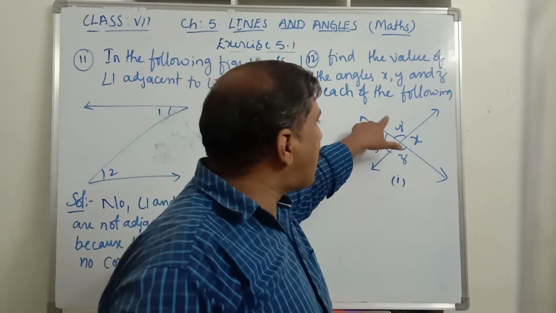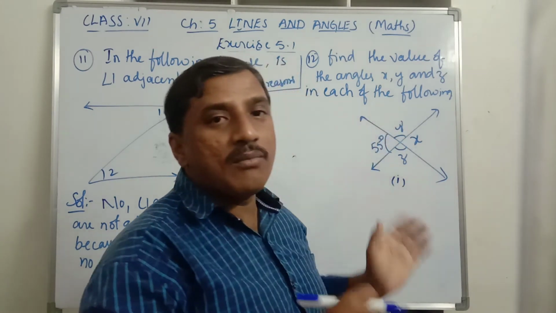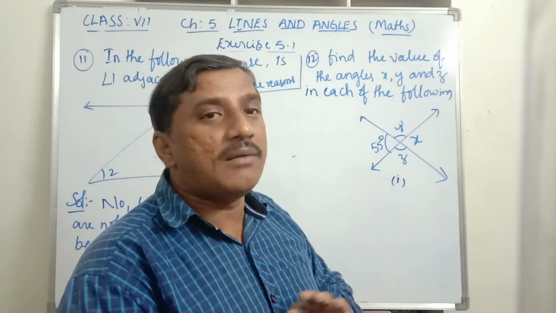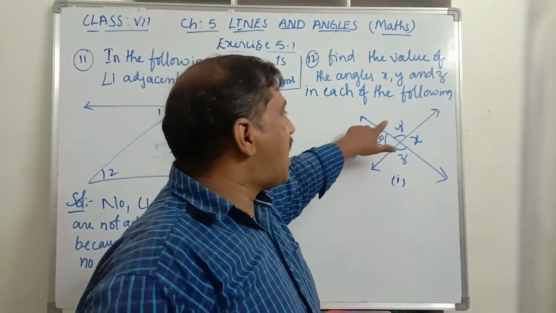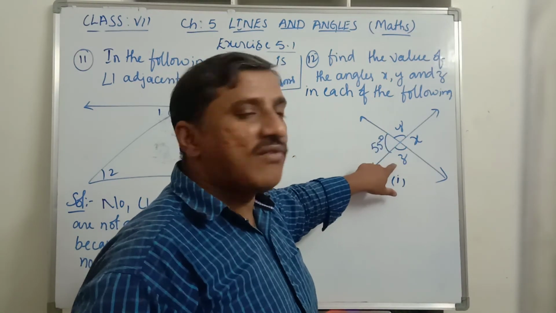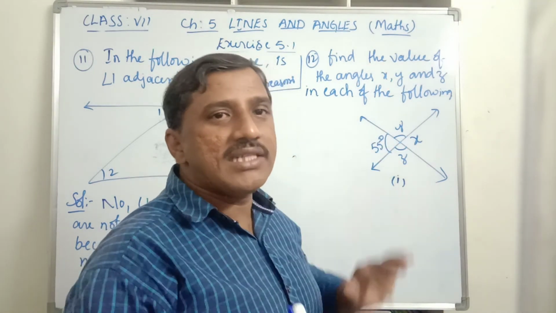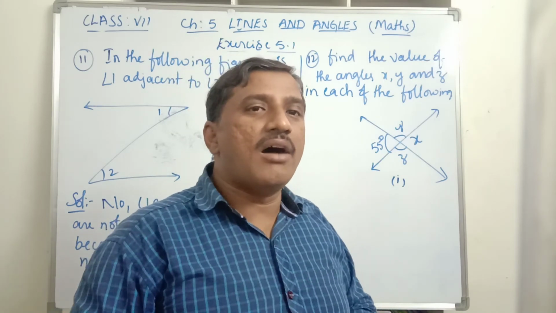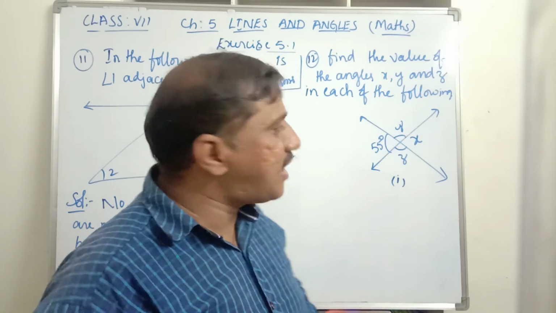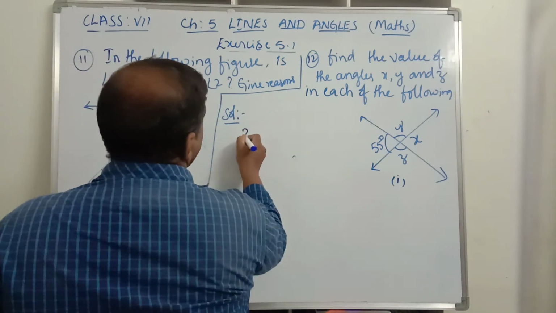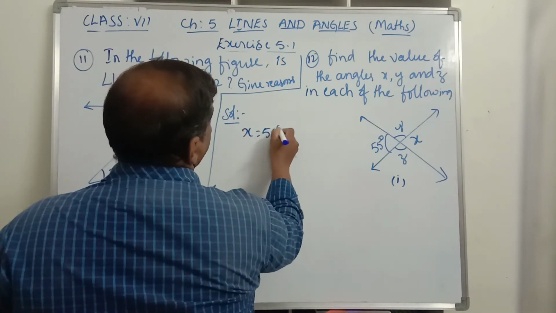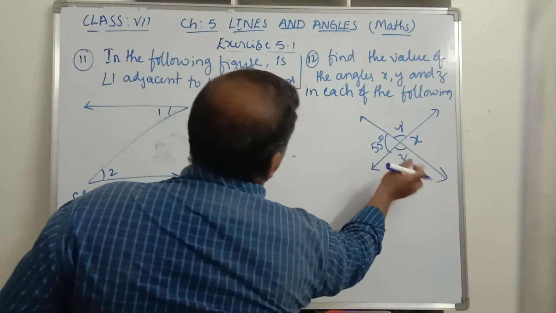And what about angle Y and angle Z? Again, they are one more pair of vertically opposite angles. It means that if we know angle Y, we can find angle Z by using the concept of vertically opposite angles. Now X is equal to what? Here it is 55 degrees, because both are vertically opposite angles.